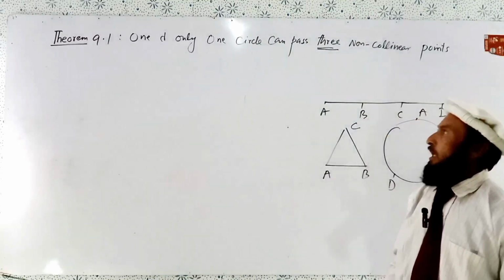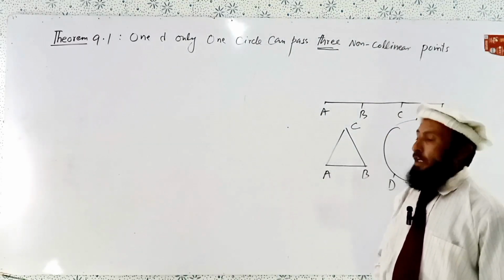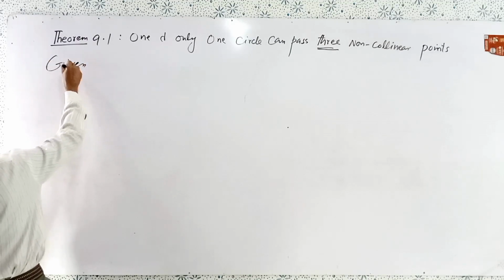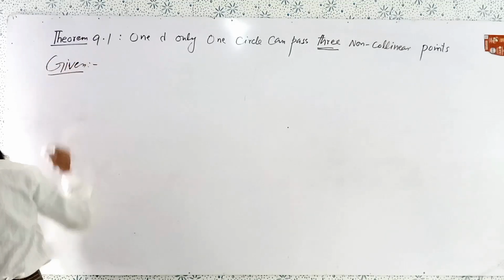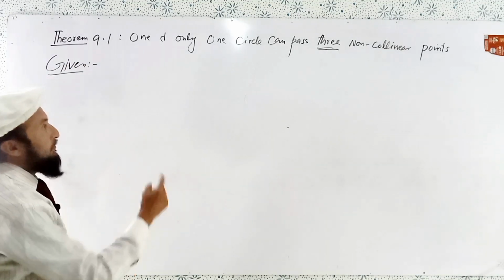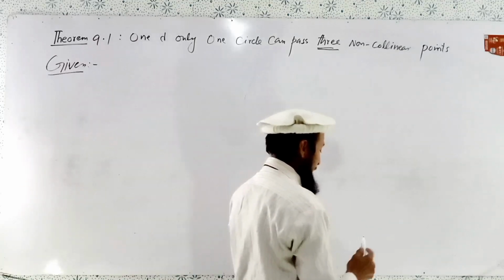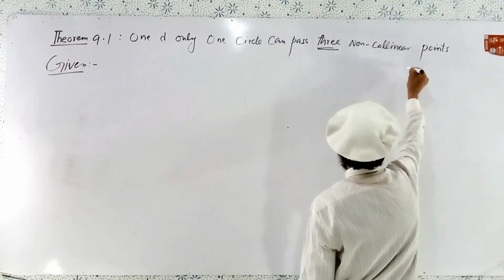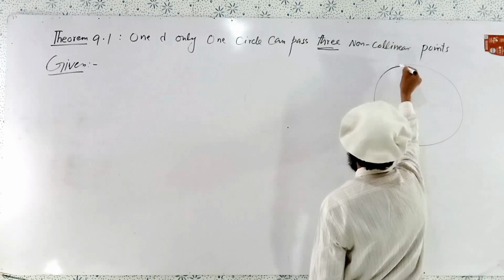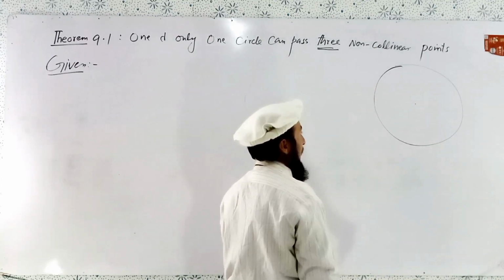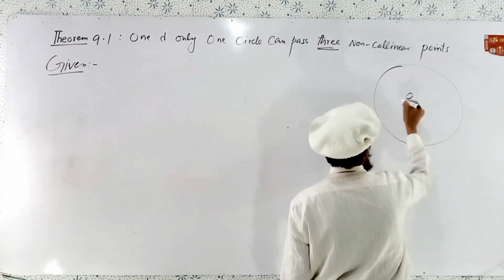Only one circle we can draw. Given that, we write the statement from the above statement. First of all, we draw the circle. So look here, for example, O is the center.